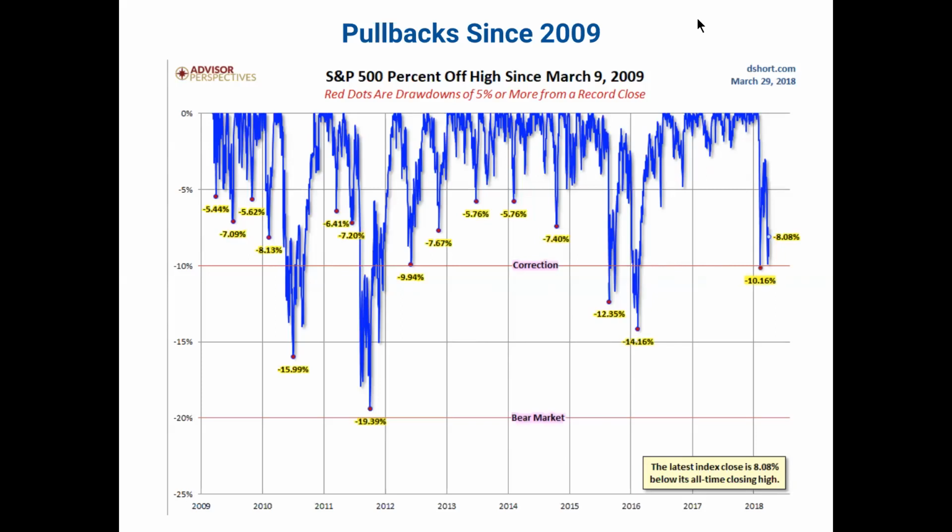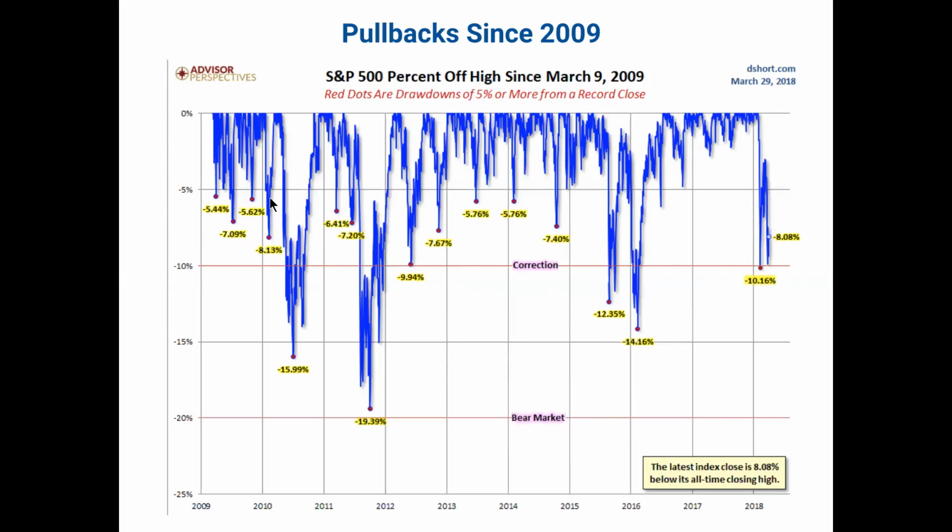This is not something we should panic about and bring back fears of 2008. But as you can see here, these are the dips since the market corrected after the financial collapse of 2008. So going back to March of 2009, what is that, like 9 years ago, I guess?